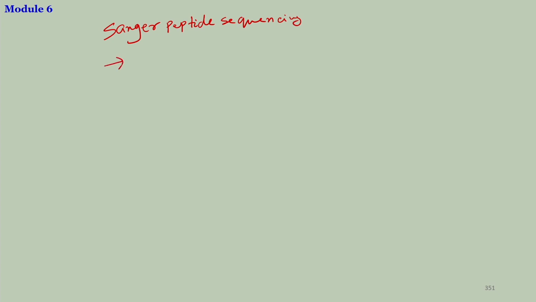This method is usually used to determine the N-terminal amino acid of the peptide or the protein sample. So, mostly what is the amino acid present in the N-terminal of the protein.